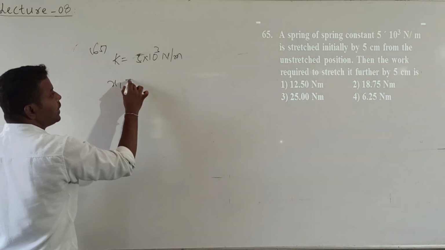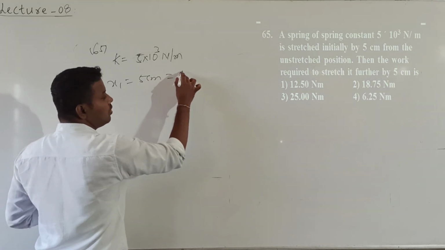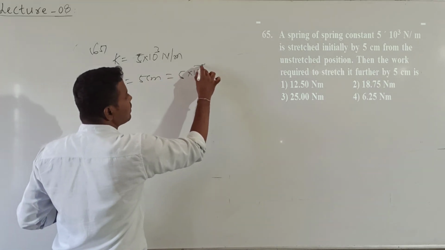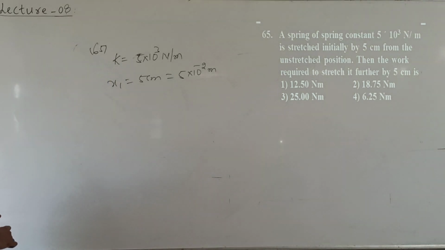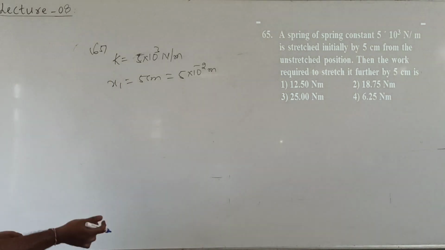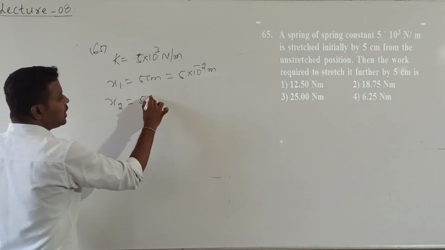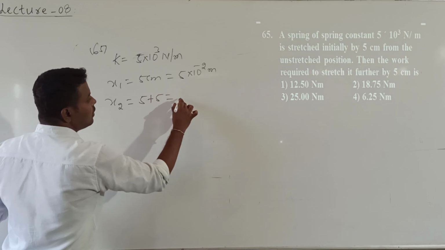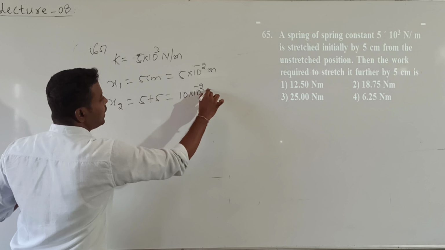Initially elongated by 5 centimeters or 5 into 10 to the power of minus 2 meters. Now they are telling us to find the work required to stretch it further by 5 centimeters. So x2 value is given by initially 5 plus 5, which is 10 centimeters, 10 into 10 to the power of minus 2 meters.